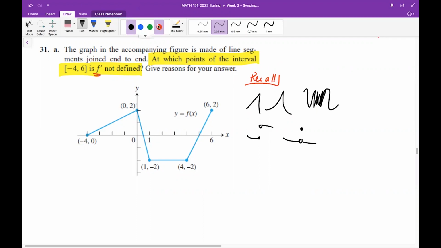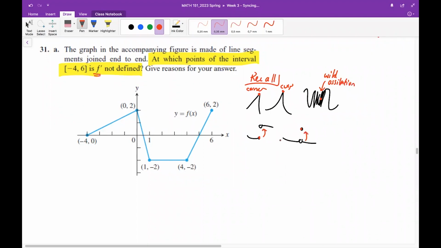At all those points, here, here, at the wild oscillation point, here, here, and here, your function is not differentiable, okay? This is a corner. This is a cusp. Here we have a wild oscillation. And here there is a jump in your graph, also another jump.